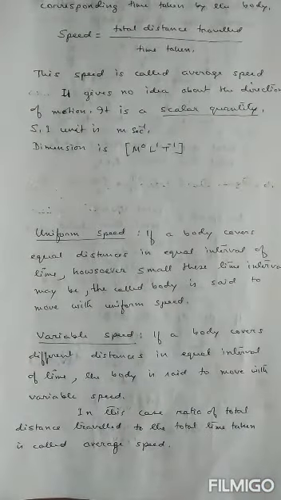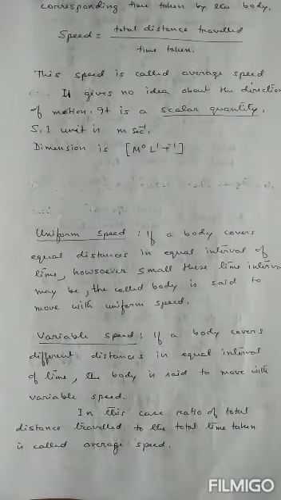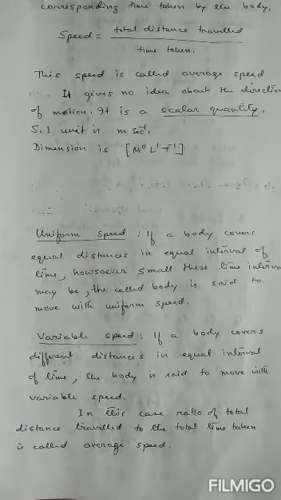When a body covers equal distances in equal intervals of time, whatever small the time interval may be, then the body is said to move with uniform speed. Our information is more correct if the time interval is as small as possible.